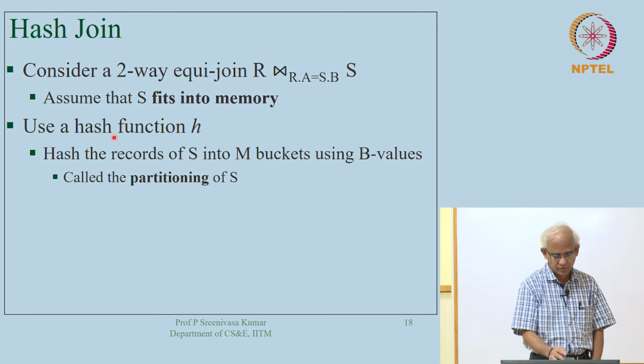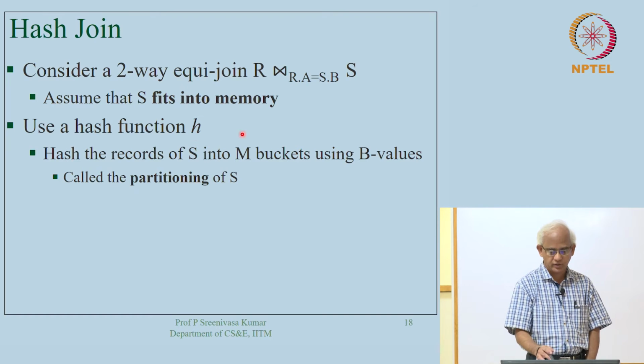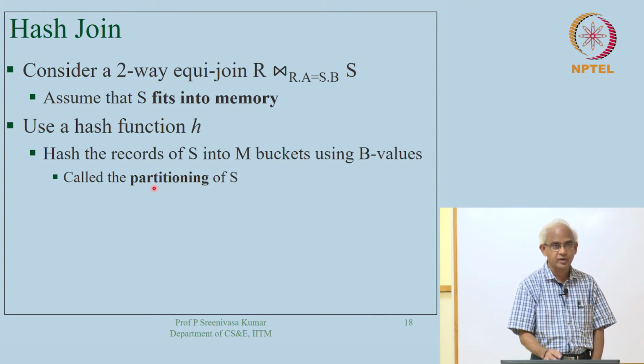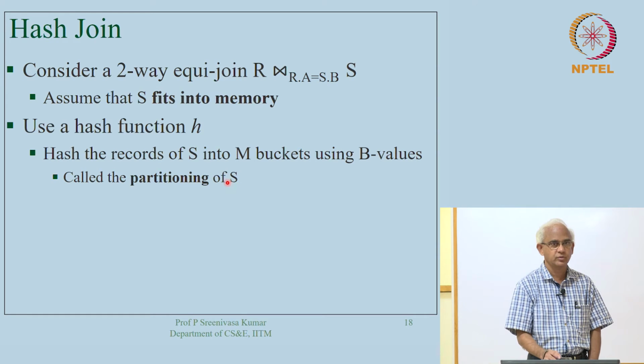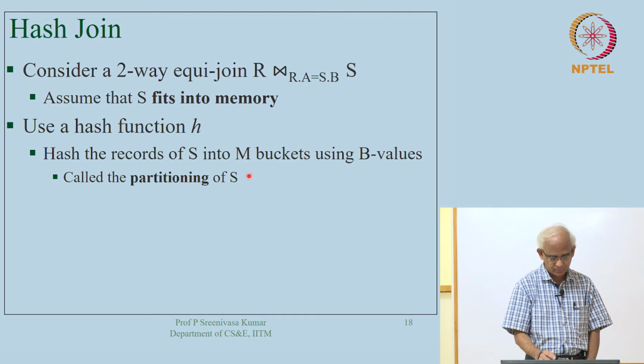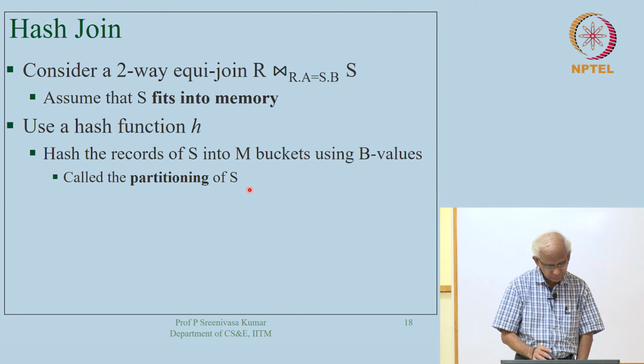But basically choose the appropriate hash function, hash the records of S using the B values and distribute them over these m buckets. This is called the partitioning of S. We basically partition the records of S into buckets.